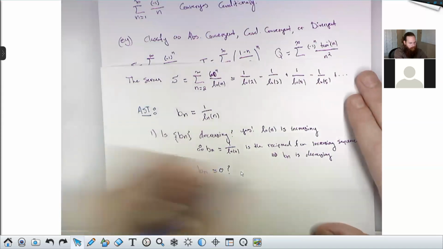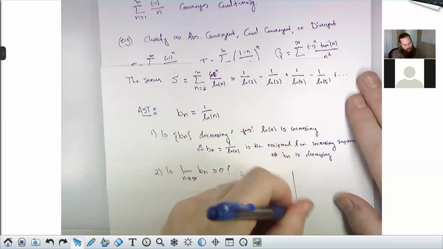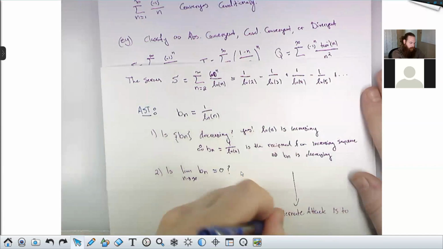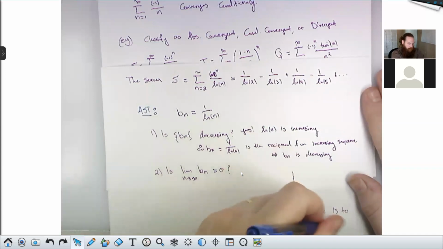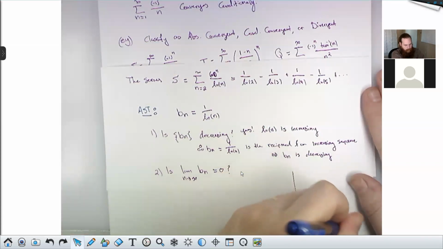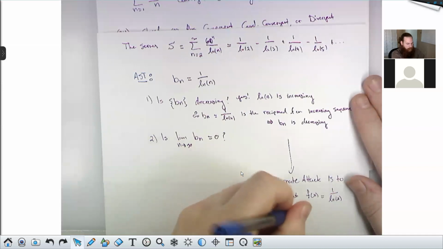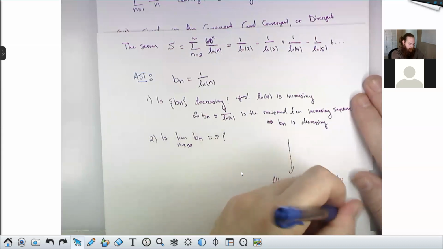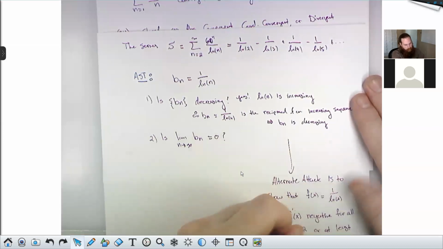So an alternate attack here has f primed of x negative for all x bigger than 2, or at least eventually.